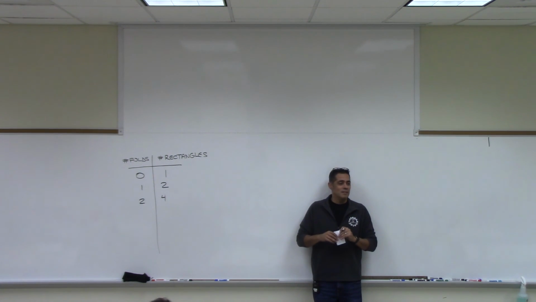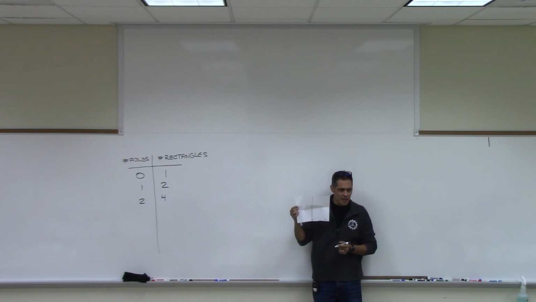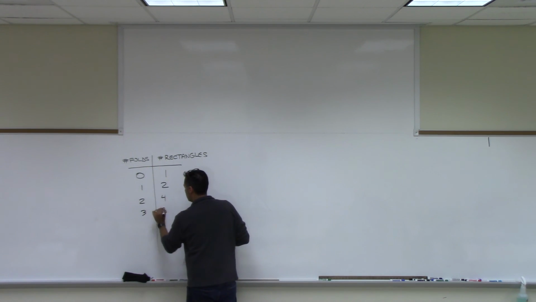What do y'all think? 8? Any others? What do you think the most common other answer I hear is? 6. Is it 6 or is it 8 or is it 9? Let's see. Can y'all tell or no? It's 4 across the top, 2 down. So it's 8. 3 folds, 8.